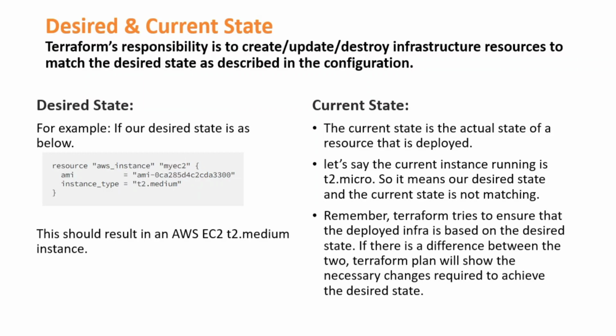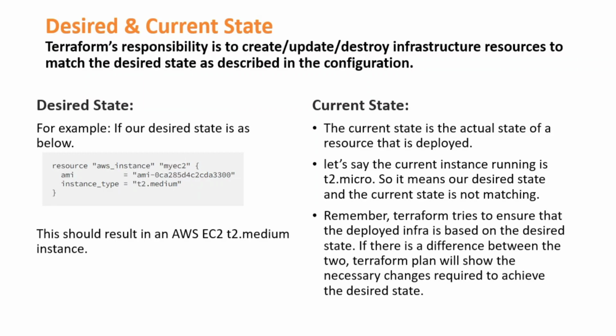It will update the resources based on the desired state. So whatever configuration you have specified in the .tf file, that particular resource will be updated, and the T2.micro which we changed manually will be removed.